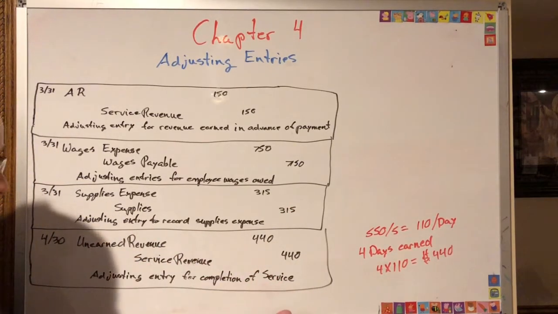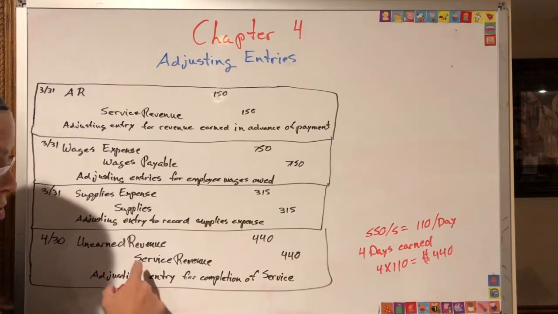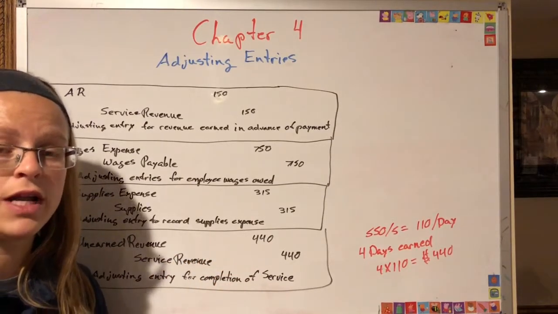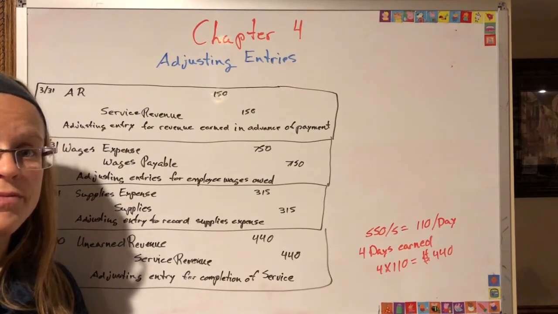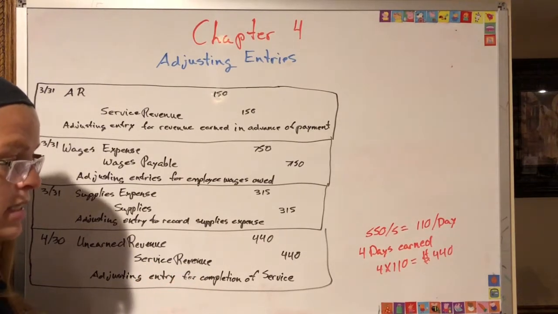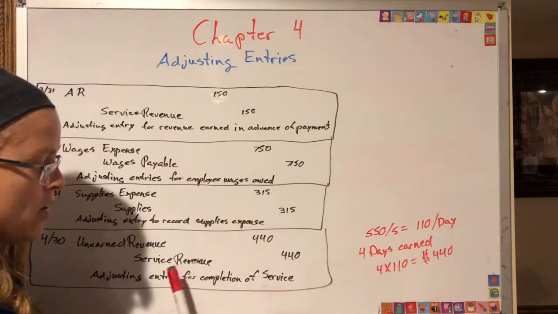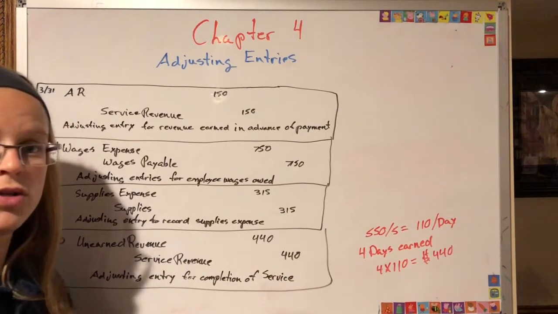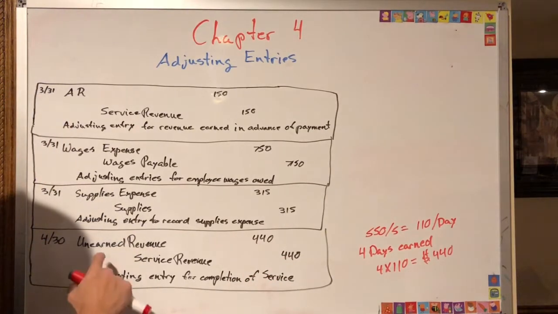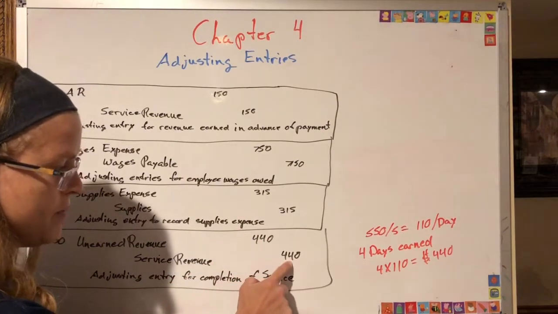So the two accounts being impacted are unearned revenue and service revenue. Our unearned revenue is debited $440 because it's no longer owed, right? And our service revenue is credited because we know that revenue is earned. So it's $440 credited. So unearned revenue is debited and service revenue is credited.